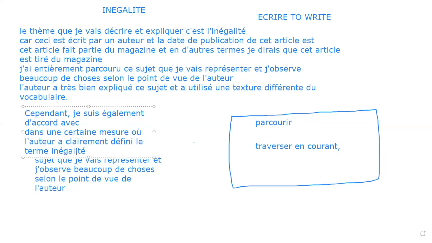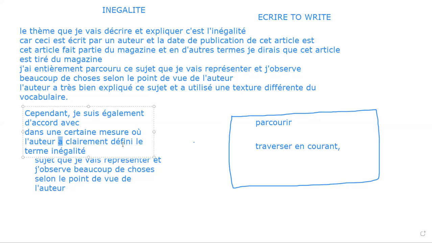L'auteur a clairement défini, using a passé composé: where author has clearly defined. Avoir verb, définir, PP is défini: où l'auteur a clairement défini le terme inégalité. C'est clair. Is it clear to you, my teammates?